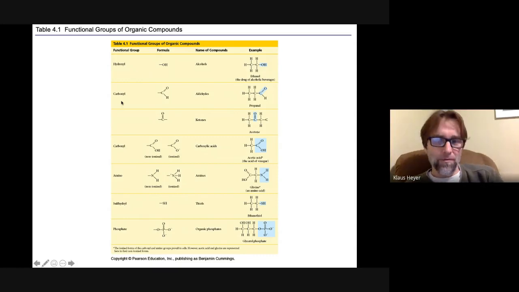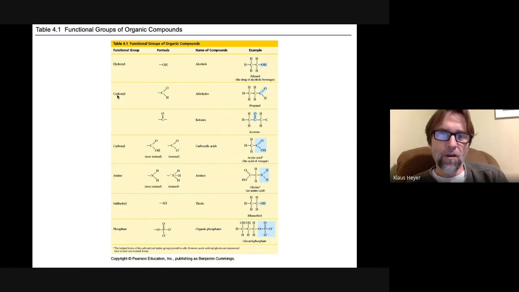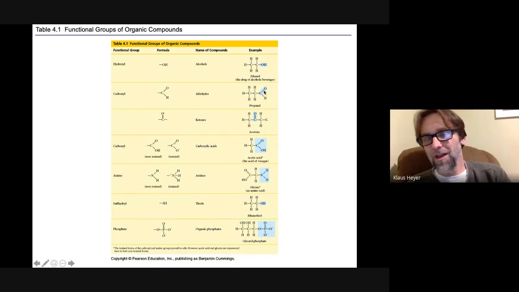Okay, the second one, carbonyl. So it's the word carbon with a YL, right? So it's this carbon stayed here. Well, it doesn't matter if it stays or not. It's an oxygen, and this might be hard to see, but this is a double covalent bond.